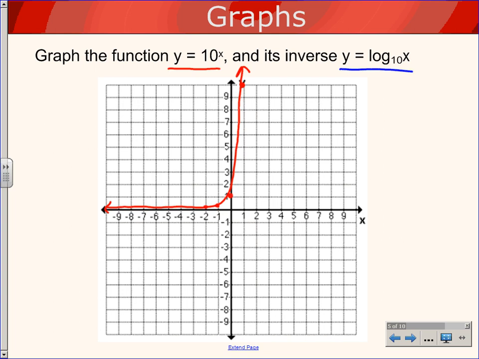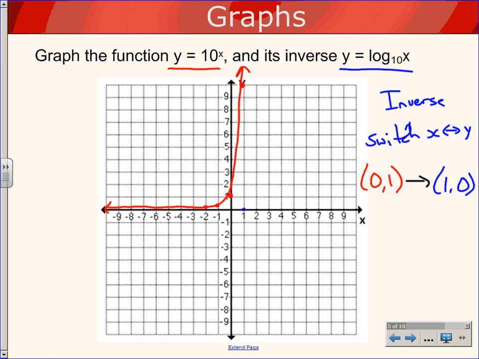Now to do an inverse, what we do is we just switch the x and the y coordinates. That's all that has to happen in order to get an inverse. So that point 0, 1, change the order, becomes 1, 0.